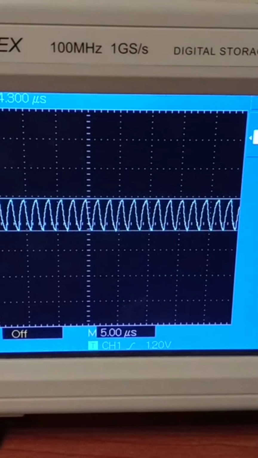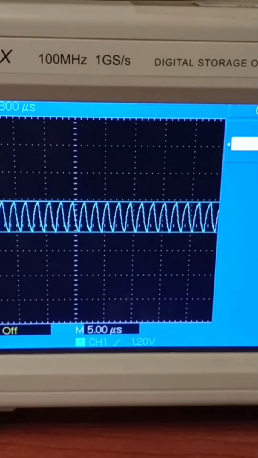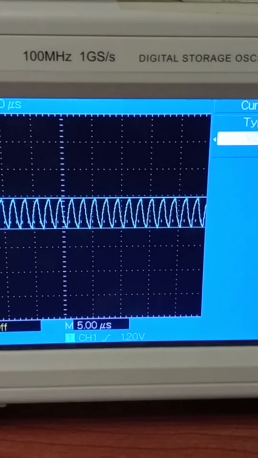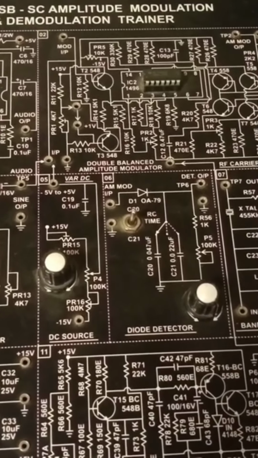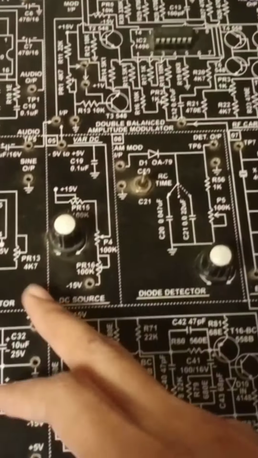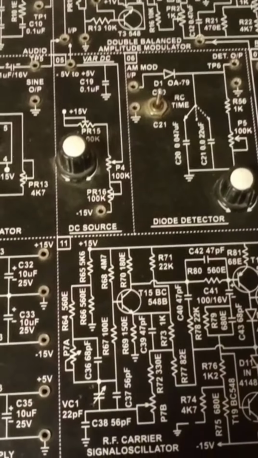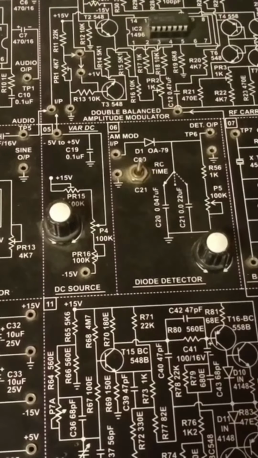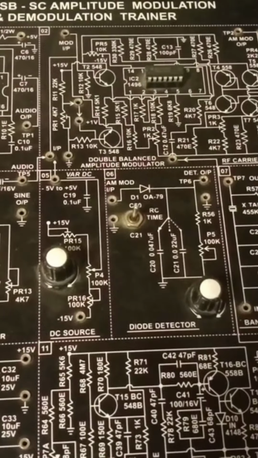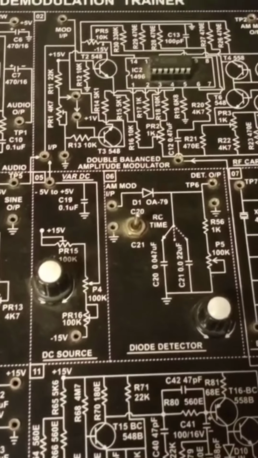Now let's move towards the single sideband suppressed carrier modulation. After setting the parameters of the information signal and the carrier signal, we are going to take the connection from the information signal block and the carrier signal block to the double balanced amplitude modulator block.